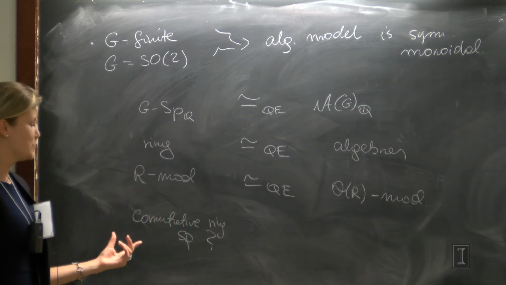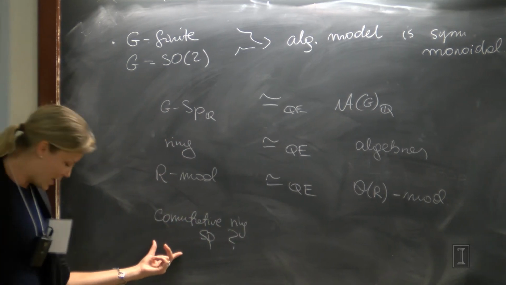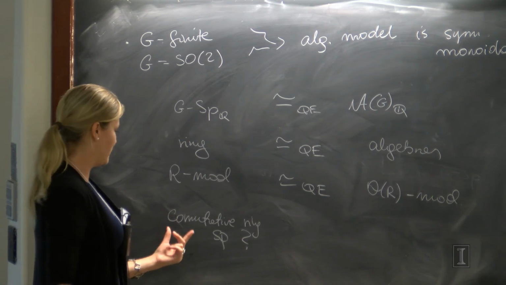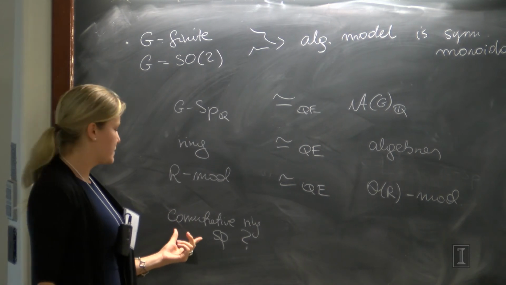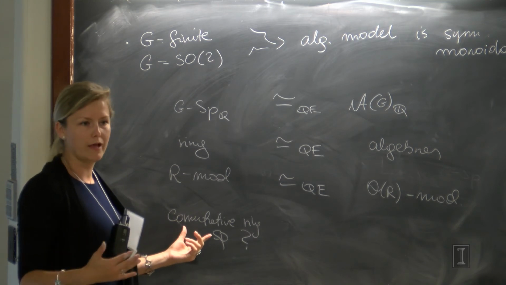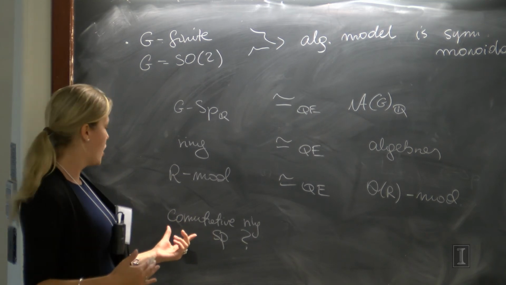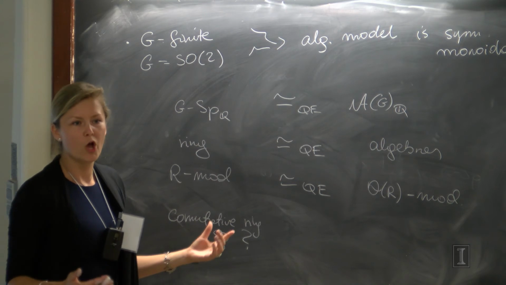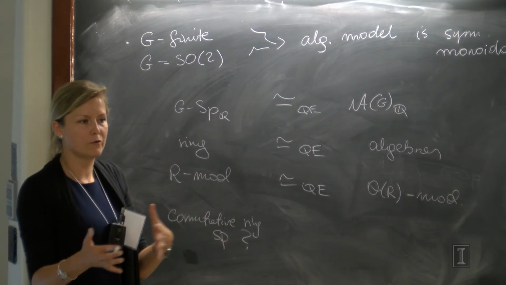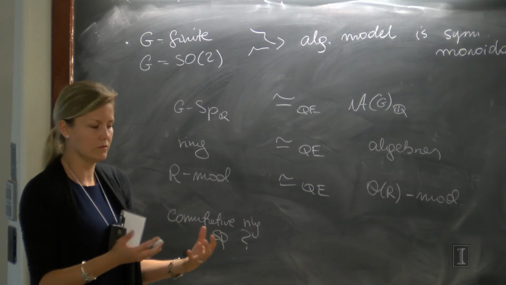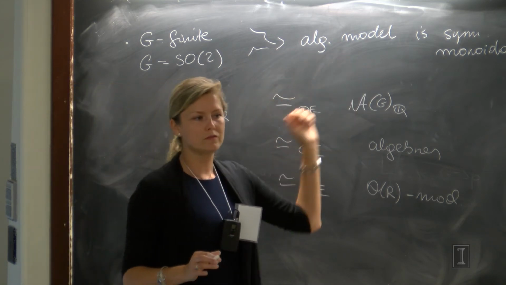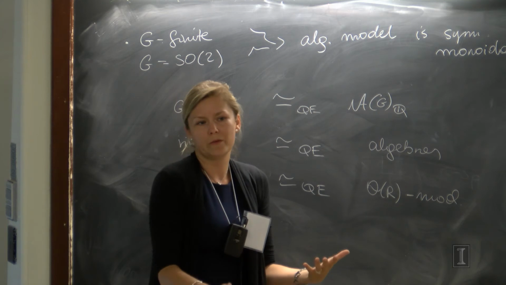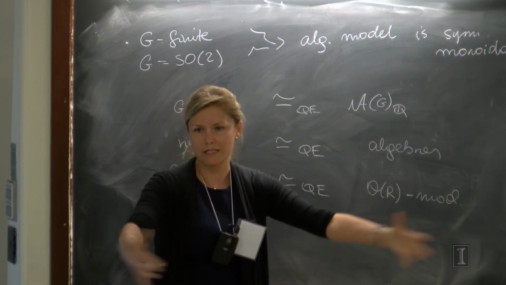So first, what do we mean by commutative, right? There are various levels of commutativity. Commutative ring spectra, depending on which N-infinity operad you take, are going to have certain norms. Norms are maps which are linking different subgroups. What the algebraic model does, in the first step, if you think about the finite group, is split the category.